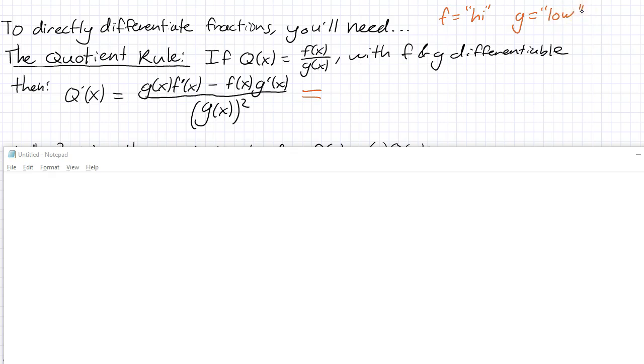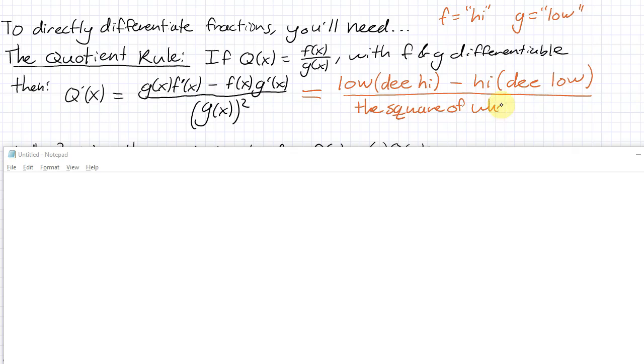So I'm gonna make this rhyme by saying that the quotient rule is g of x is low, and then I'm gonna write the f prime of x as d high, because that's like the derivative of the high part, minus high times d low, that's the derivative of the g of x, divided by the square of what's below, which is still g.